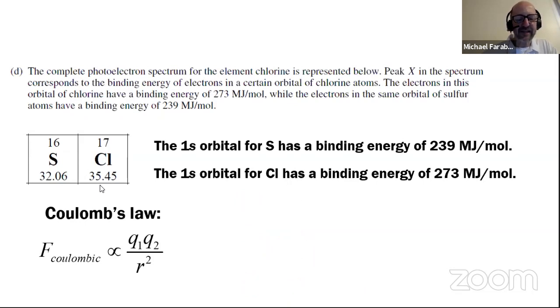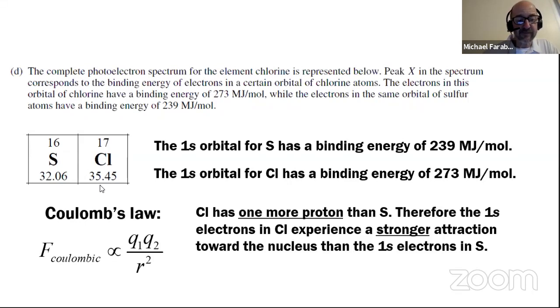So the most significant difference here has to do with the charge. Chlorine, which has 17 protons, having one more proton than sulfur, the 1s electrons in chlorine experience a stronger attraction toward the nucleus than the 1s electrons in sulfur. So when you think about why does size get smaller as you go from left to right across a period, it's because of increasing nuclear charge.